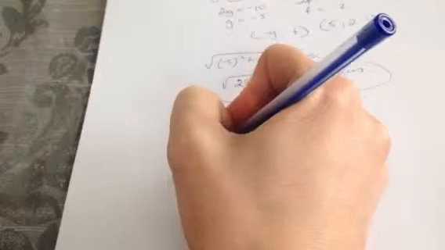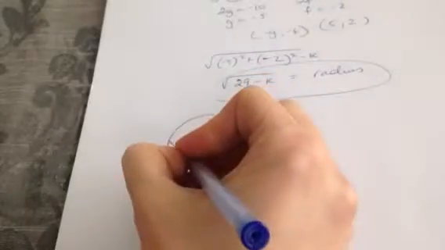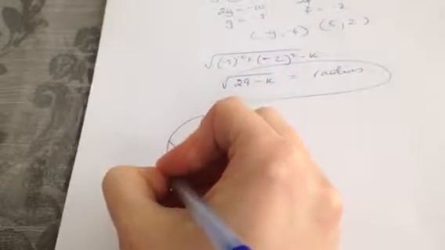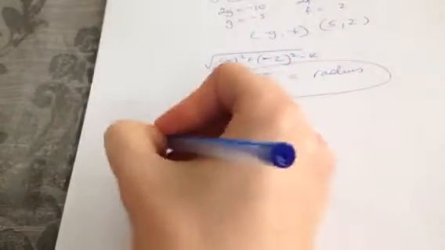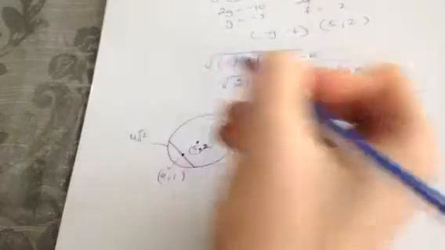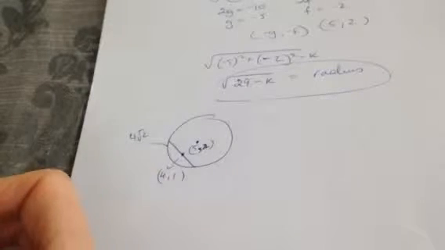And they tell me that I have a chord on it, and the midpoint of the chord is 4, 1. The length of the full chord is 4 root 2. So they want me to find the radius length of C.